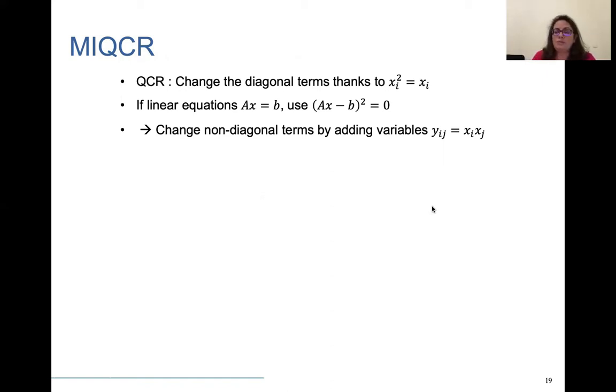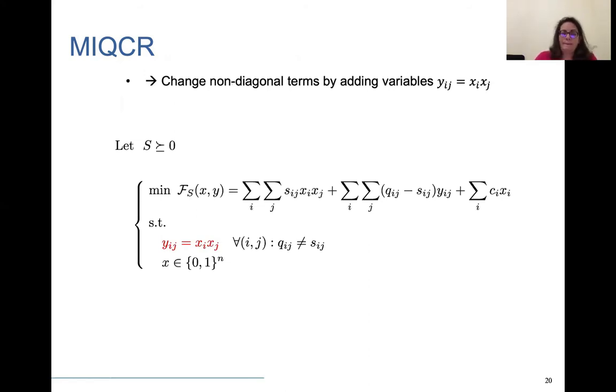And for this, we consider new variables, y, that will be equal to the product of variables in order to be able to build an equivalent function. More precisely, we do this transformation. In fact, we are given a matrix S, and we build this function, adding the condition that y_ij is equal to the product of the two variables i and j.